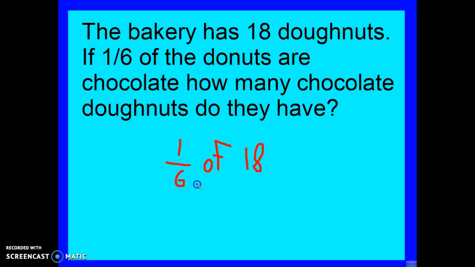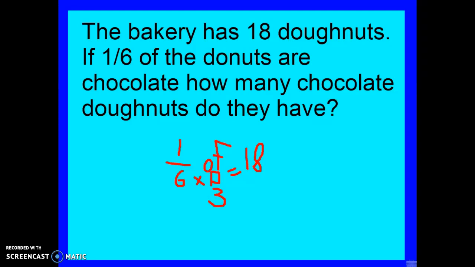You can think 6 times blank equals 18, and 6 times 3 equals 18. So your answer would be 3. I'll write it here. Then you take your 3 and you multiply it by this one, and it gives you 3. So 1/6 of 18 equals 3.